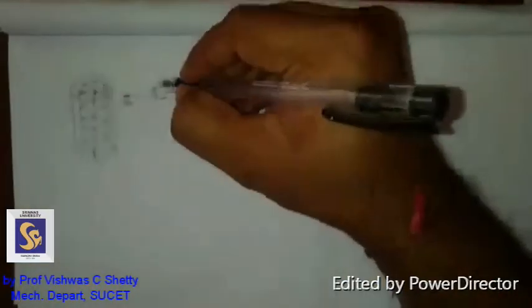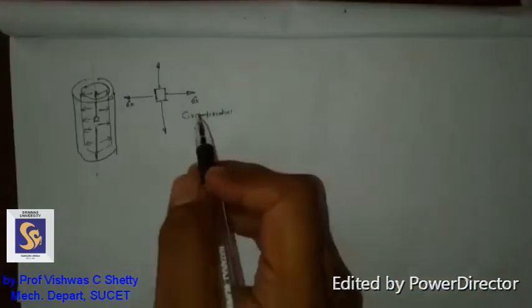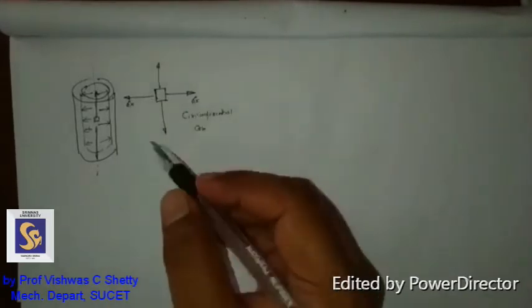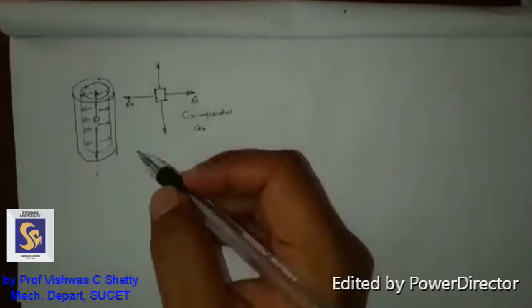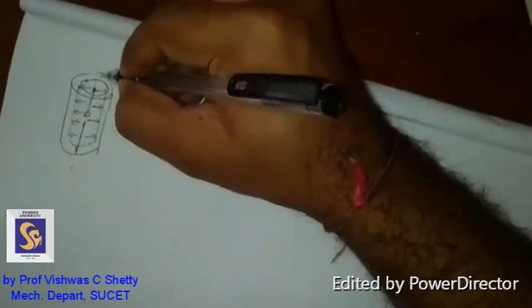So it can occur in two ways: circumferential stress in the x direction, and the other one we call longitudinal stress. Sorry, not tangential stress, it's longitudinal stress. The stress acting along the axis of the specimen we always call longitudinal stress.